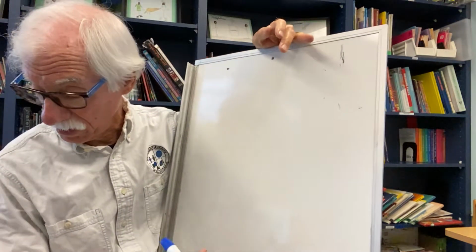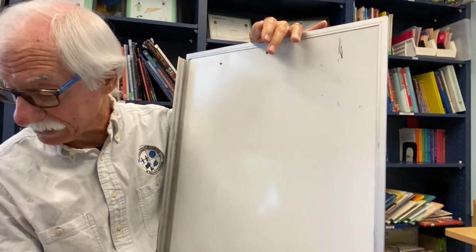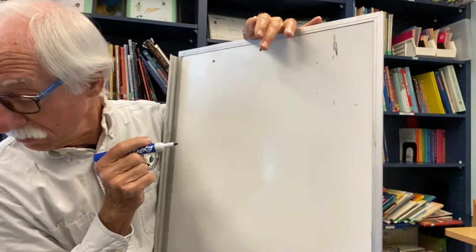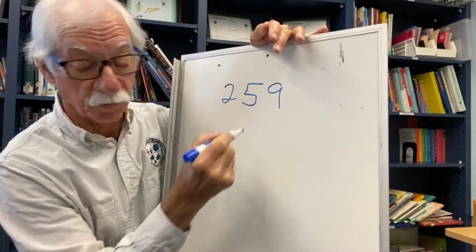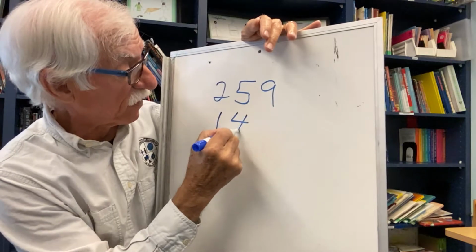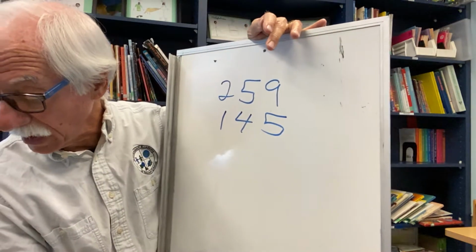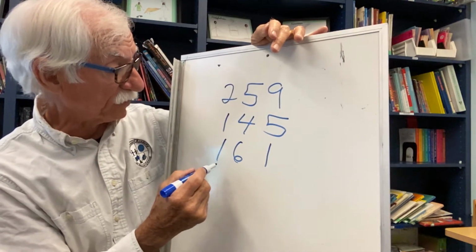All right, what we got here is we've got three add-ins the way I see it. We have 259 experiments that deal with water, 145 that deal with electricity, and 161 in botany deal with plants.